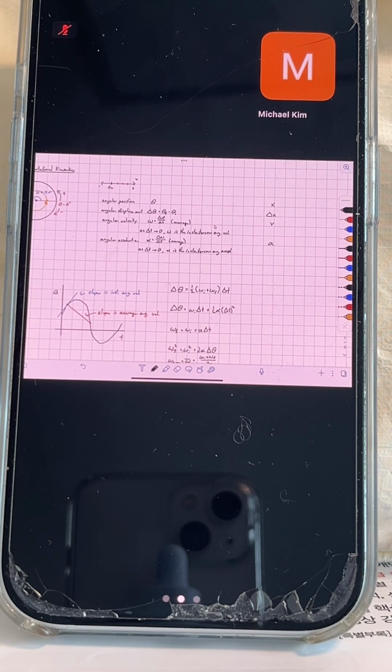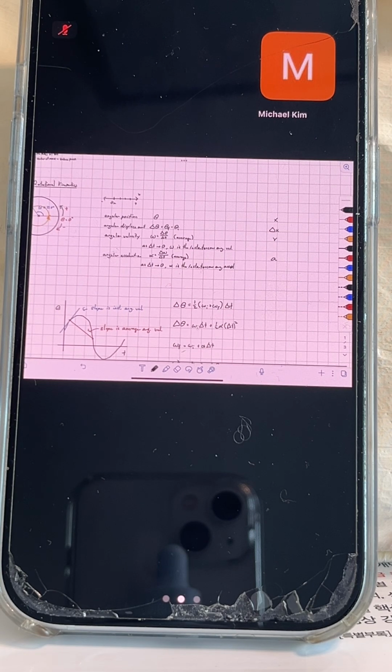But the one thing that we did say that's added above and beyond what we had for translational motion is that while I can talk about the rotational motion in terms of angular positions, velocities, and accelerations, we could also talk about, for this point here, that it has a translational distance that it covers. We can talk about what its translational speed is, what its tangential acceleration is, all right?